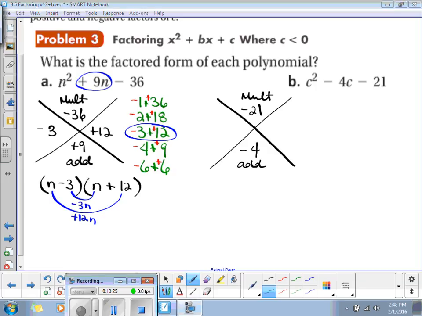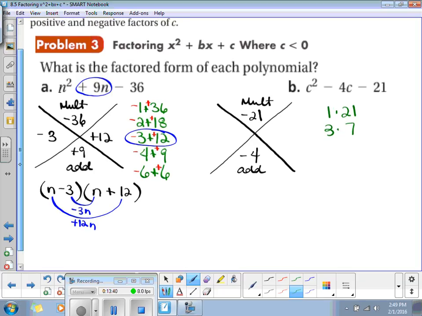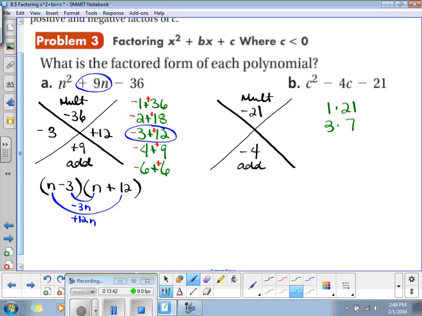All right, so now we need to find our factors of 21. 1 times 21 and 3 times 7. That is it, right? Okay. So, we want a negative 21 when we multiply, right?